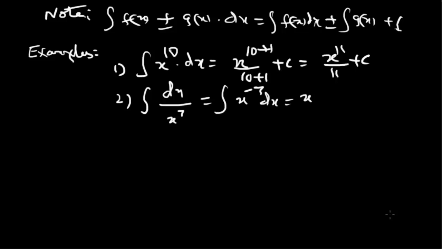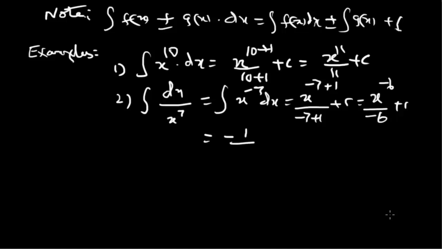This can be written as x power minus 7 plus 1 by minus 7 plus 1 plus c. It is x power minus 6 by minus 6 plus c. This also can be written, if you can write, fine. If you can't, you need not write also. This is minus 1 by 6 x power 6 plus c.